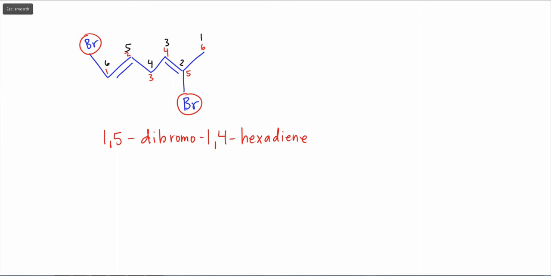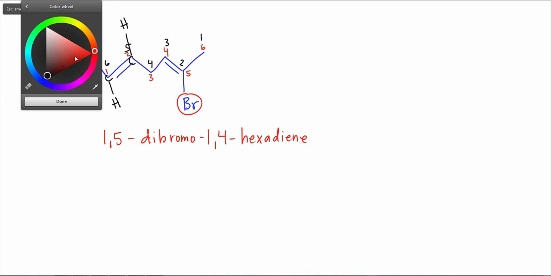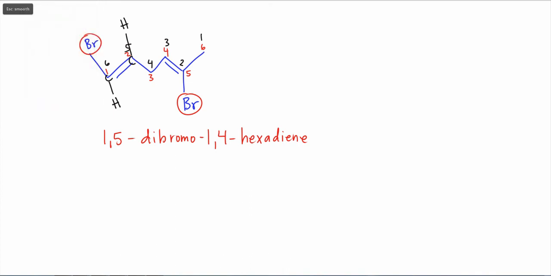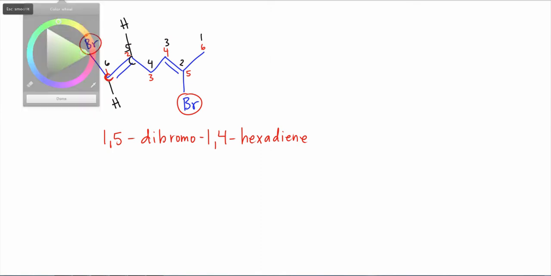Now, let's go ahead and fill in our implied hydrogen. We know this is a C and we have an H here. We know this is a C and we have an H here. So that's going to help us to assign priority. I'm going to make this one red and this one green.